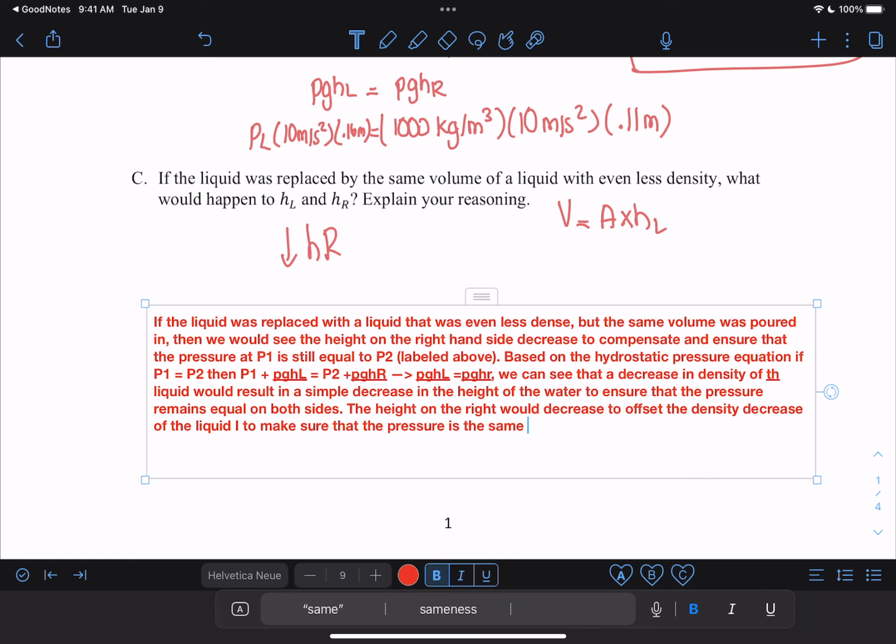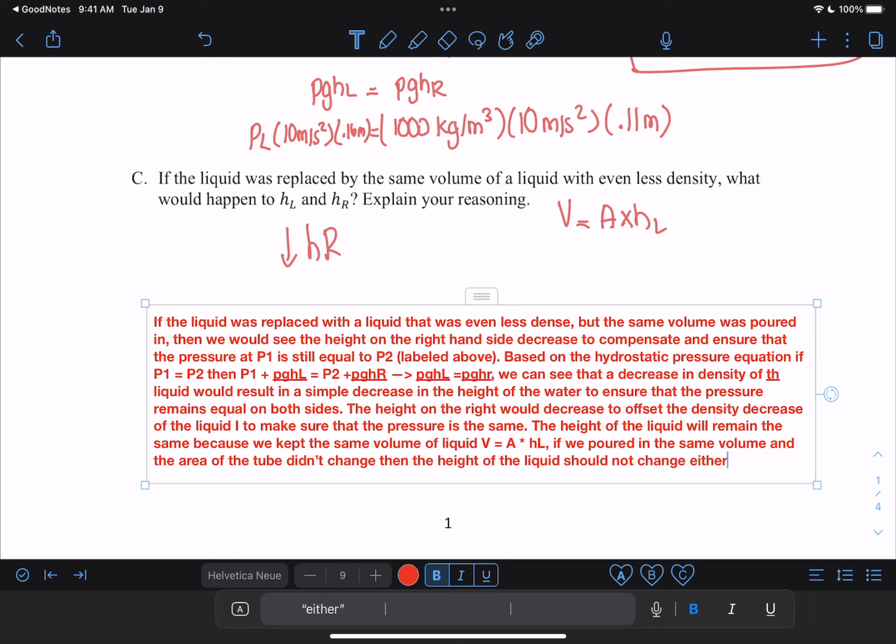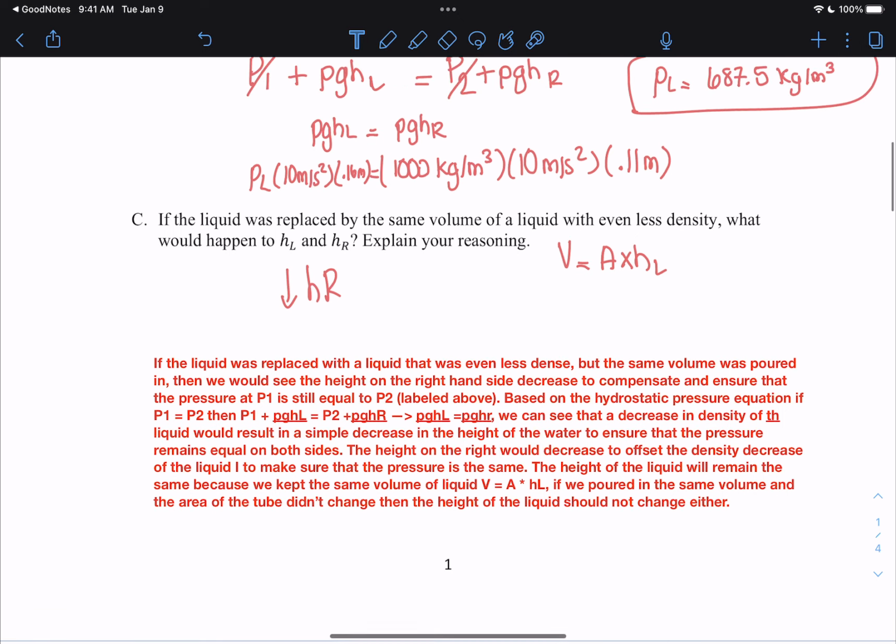If we poured in the same volume and the area of the tube didn't change, then the height of the liquid should not change either. That would be the formal way of summing everything up with equations. And please do use the equation in your answer so the TA can see that you're applying the equations properly and understand how these variables are relating to each other.